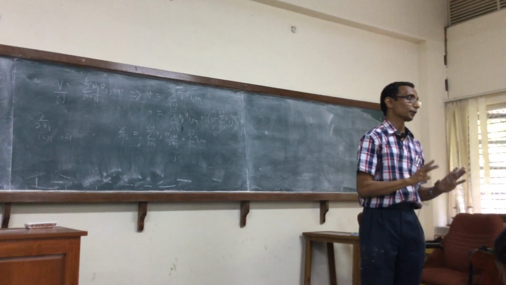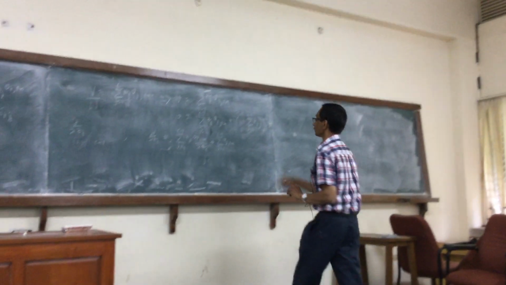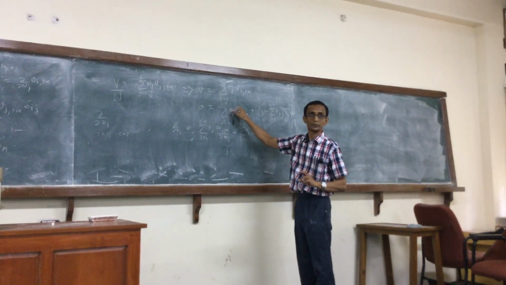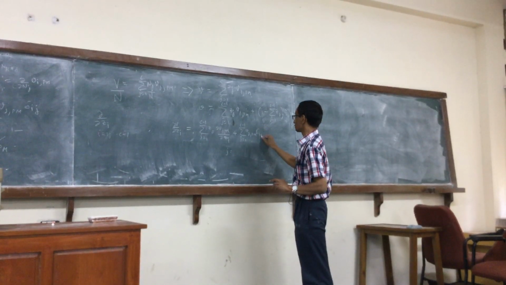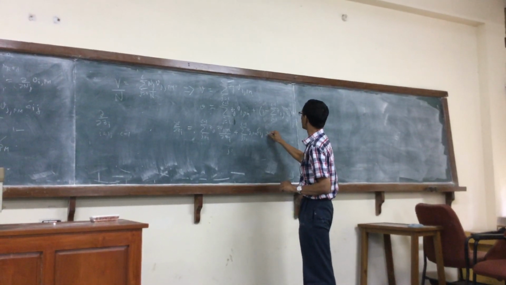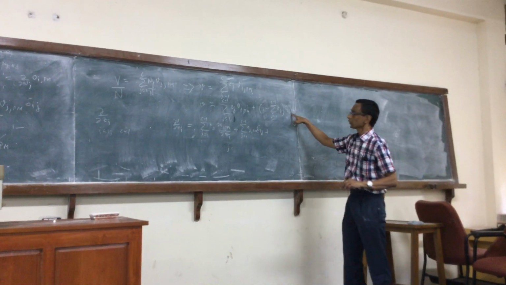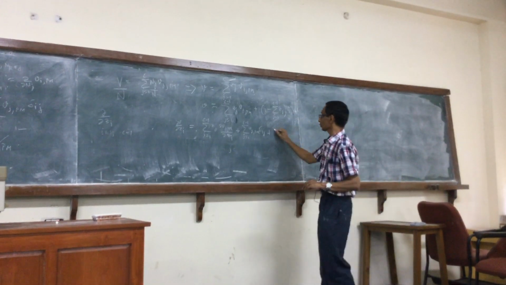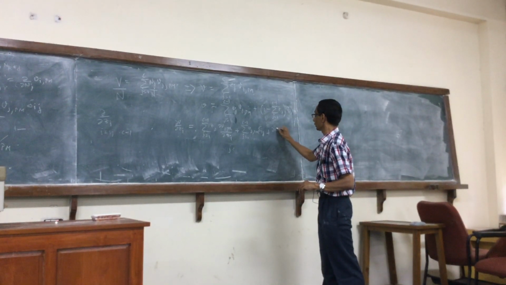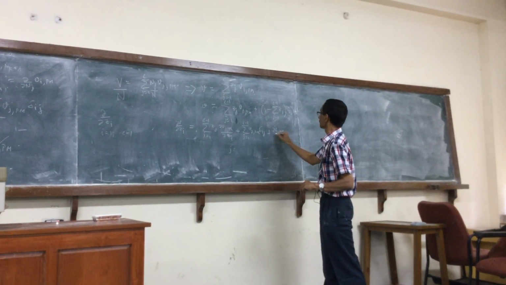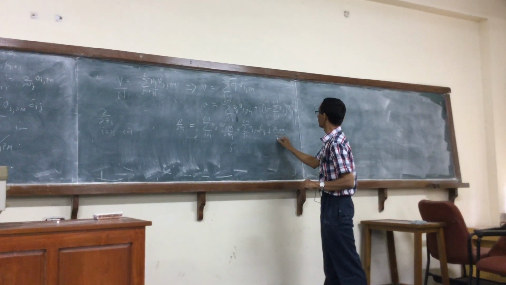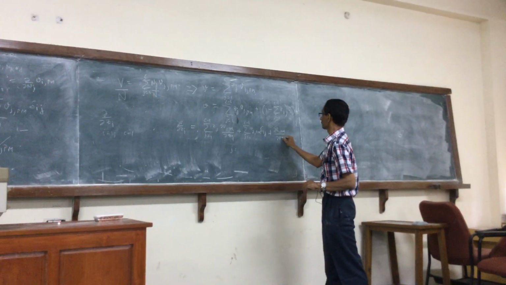So I am restricting myself only to C minus 1. This is also C minus 1 delta ij. Here 1, this is BC Pm, so that would involve dBC Pm by dzi.